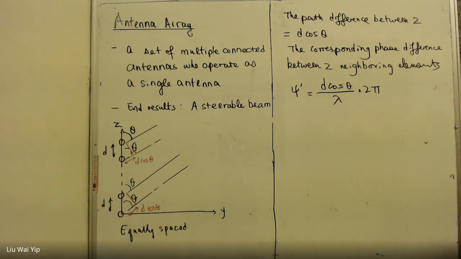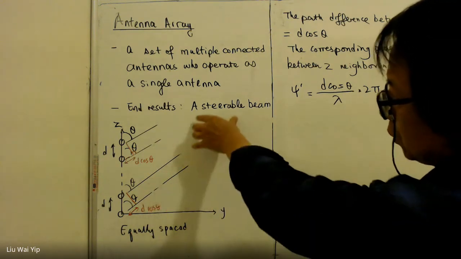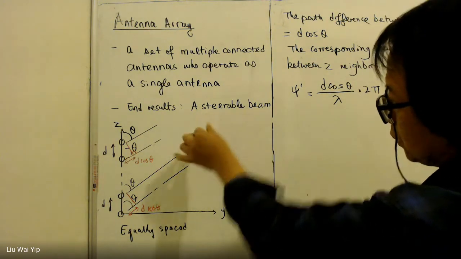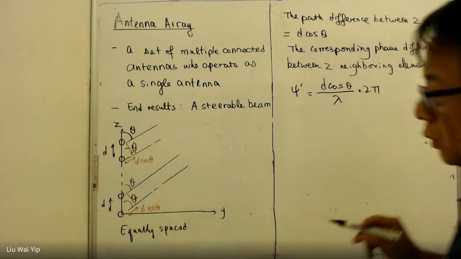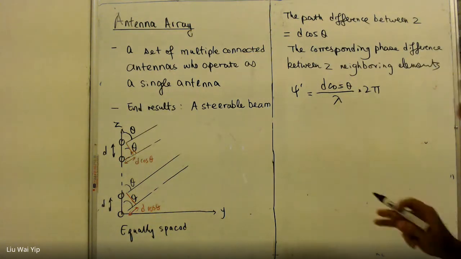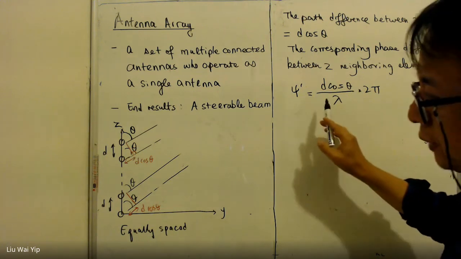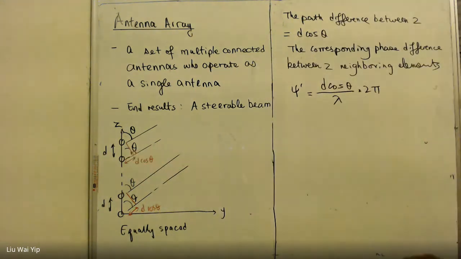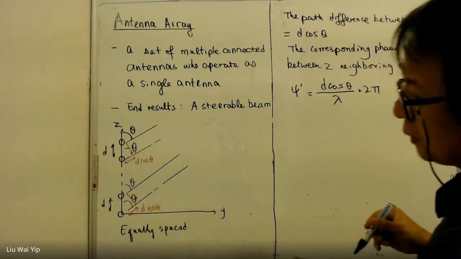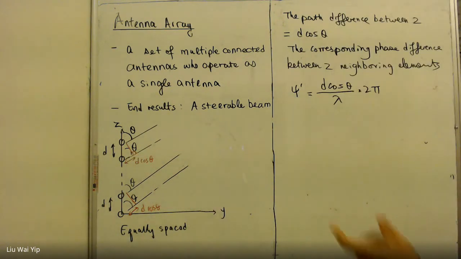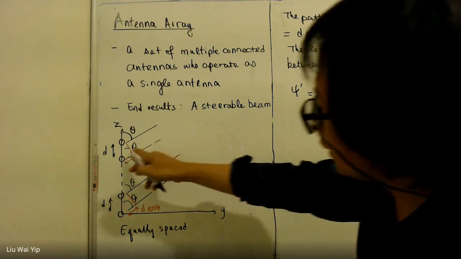Another beauty of the antenna array, as I told you, is that it is steerable. The direction can be changed according to the phase. Instead of using the phase as a result of this spacing, you can also artificially add some more phase or less phase into the system in order to come up with a suitable value.